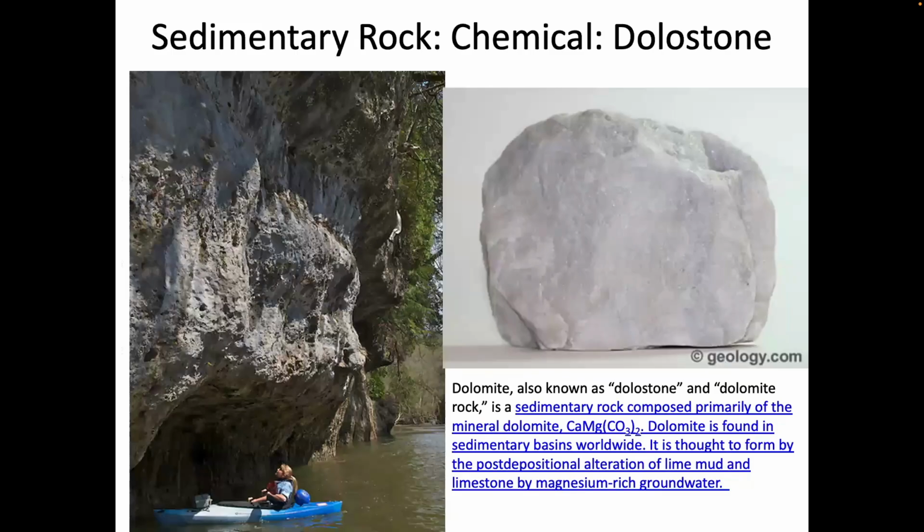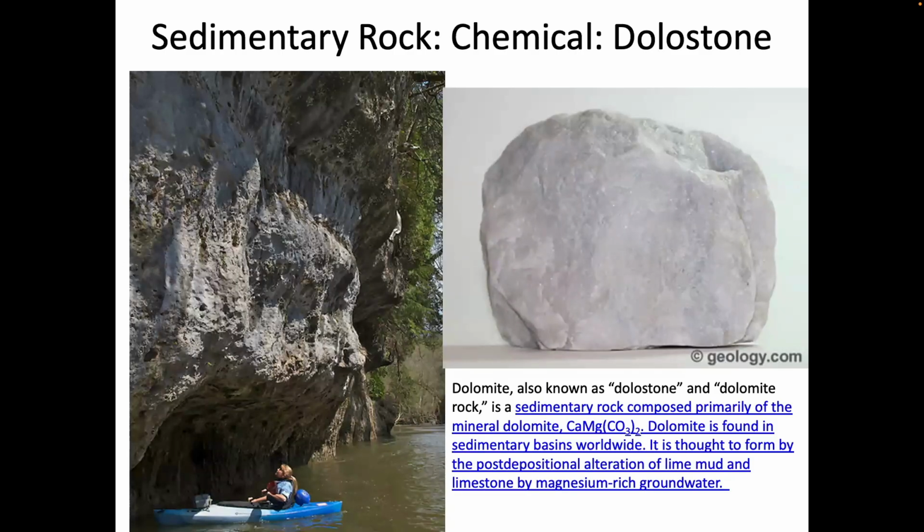Let's read real quick about the depositional process that is thought to give rise to dolomite. Dolomite is found in sedimentary basins worldwide. It's thought to form by a post-depositional process. So basically, after limestone is formed, some of the elements in limestone are replaced with magnesium through a chemical process.